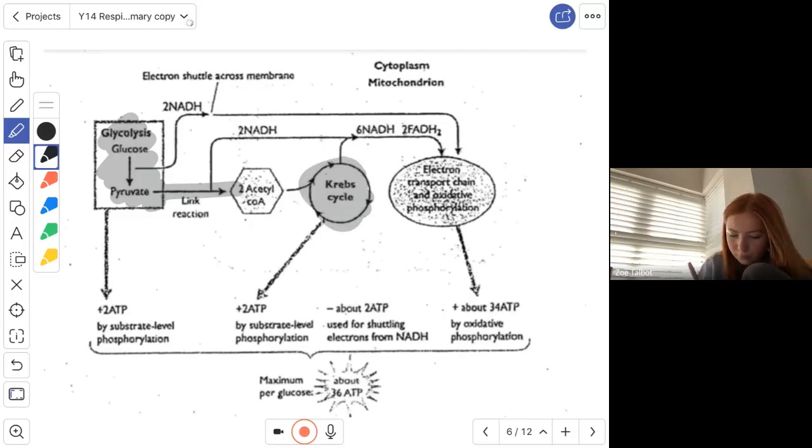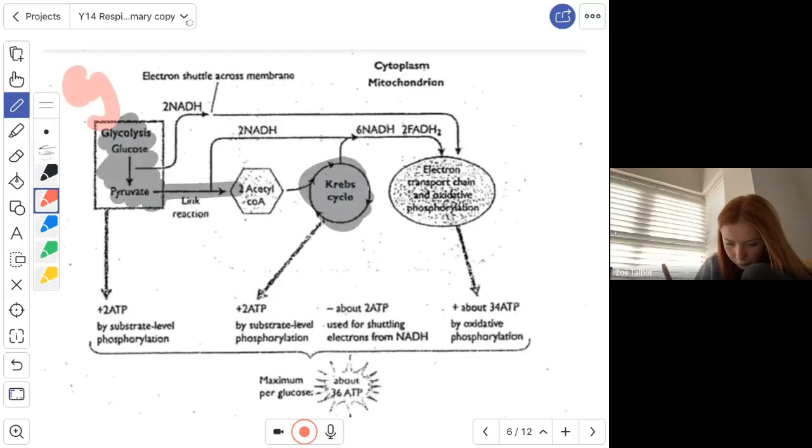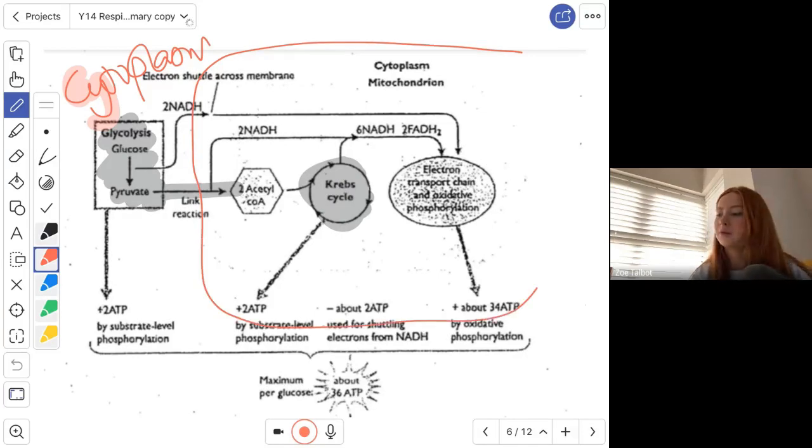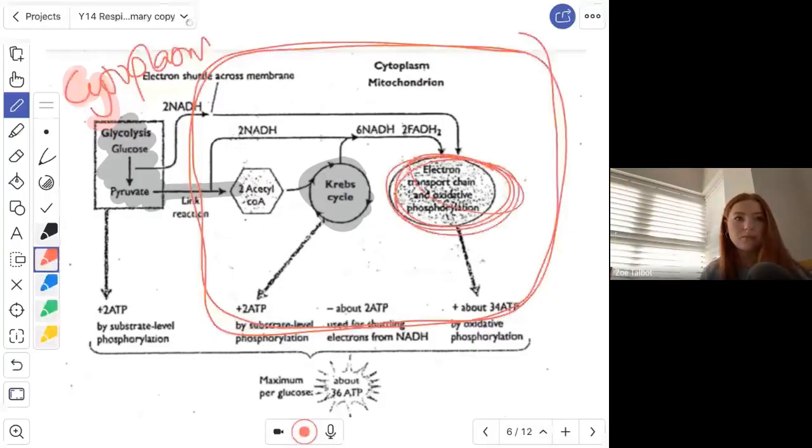Glycolysis occurs in the cytoplasm. Okay, and then this all happens in the mitochondrion. And this happens in the cristae of the mitochondrion. So this is in the matrix of the mitochondrion here.